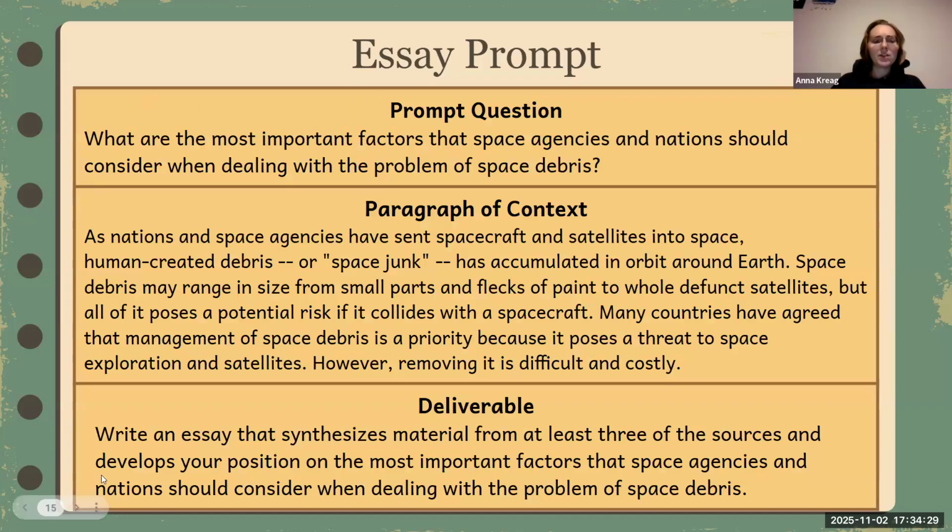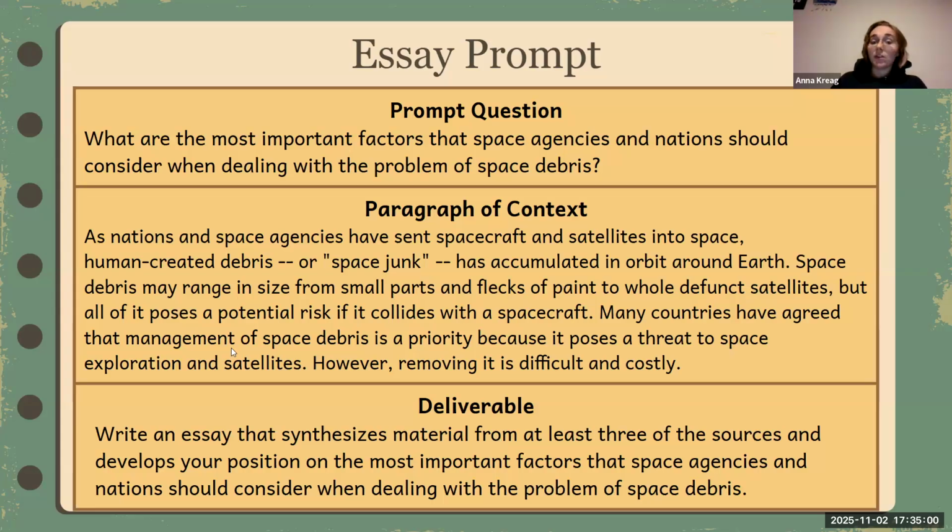Here we've got the space junk essay prompt broken down. You've got your prompt question first: What are the most important factors that space agencies and nations should consider when dealing with the problem of space debris? We have our context paragraph. As you read this, I will be asking you to pick out some details that give you some clues about what this essay will include for you. And then the last piece is the deliverable.